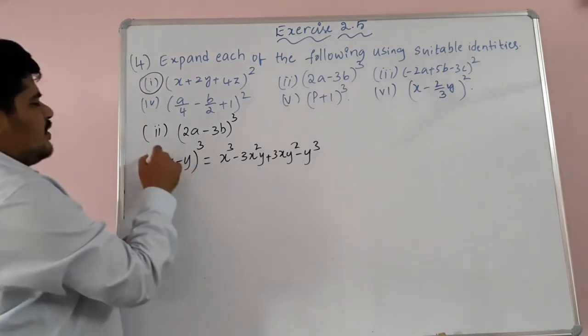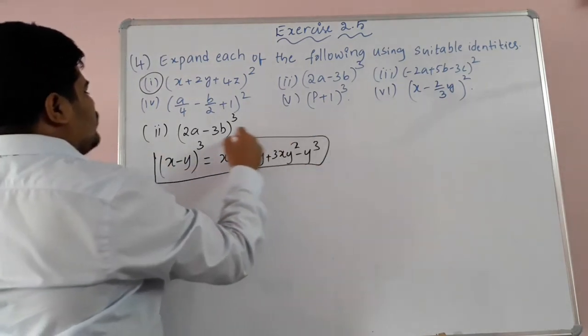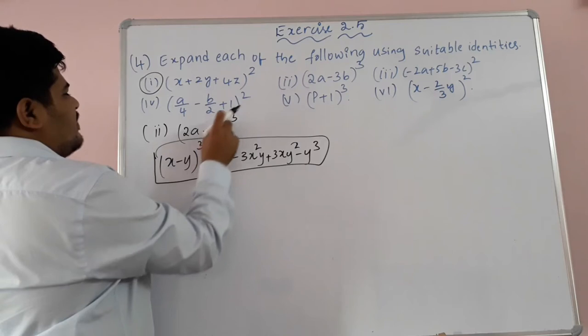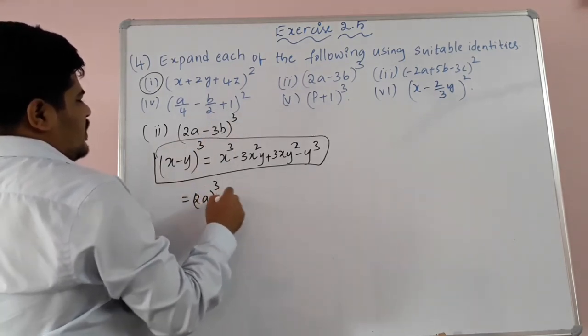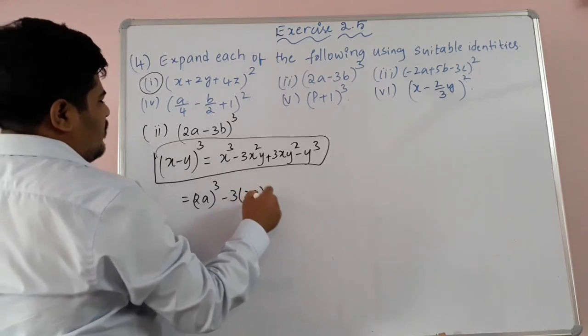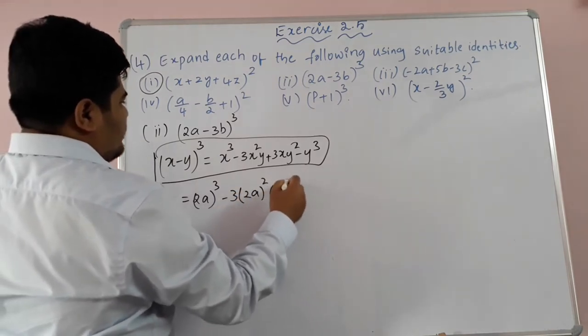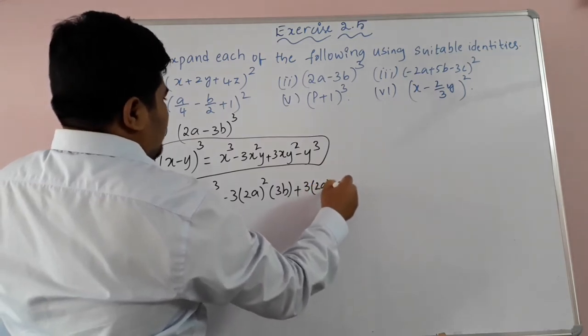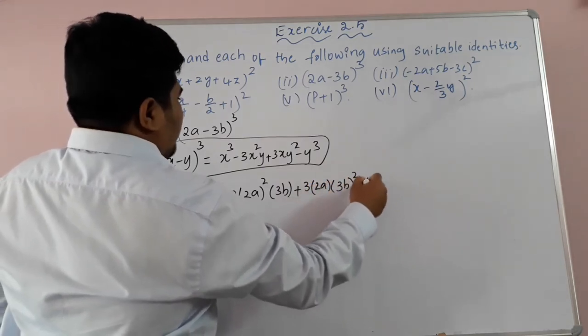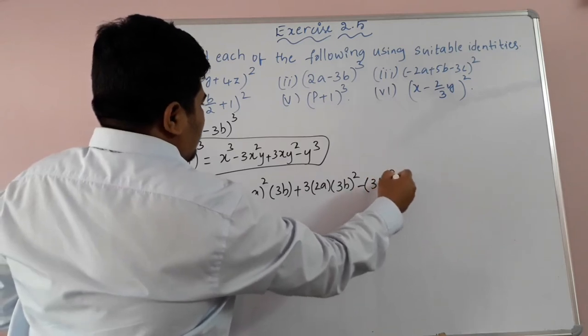So this is the formula we have to use. X is equal to 2a and y is equal to 3b. Just substitute, children. 2a whole cube minus 3 into 2a whole square into 3b plus 3 into 2a into 3b whole square minus y cube means minus 3b whole cube.